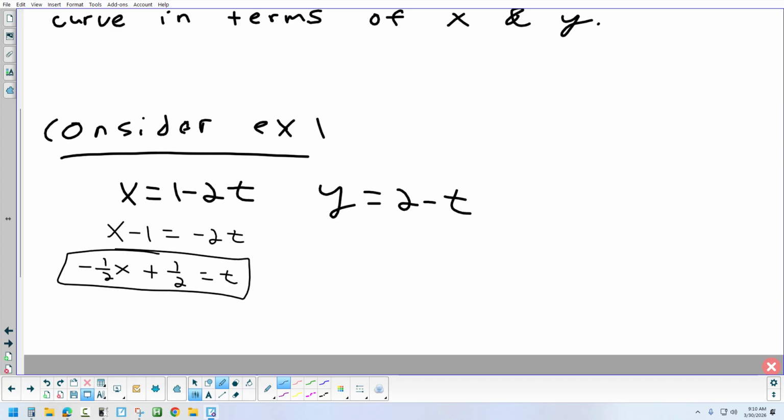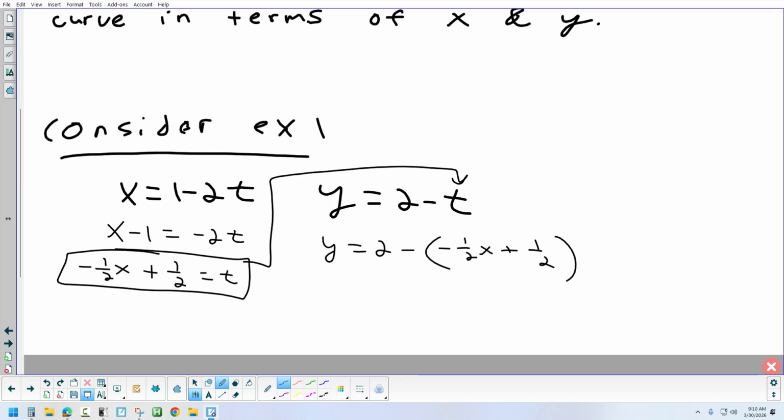All right, so now you're going to take that and fill it in. So you get y equals 2 minus (-1/2 x plus 1/2). What would I get when I distribute that and combine like terms?